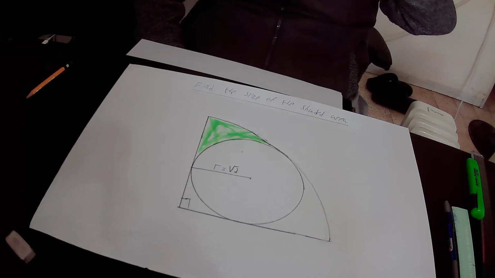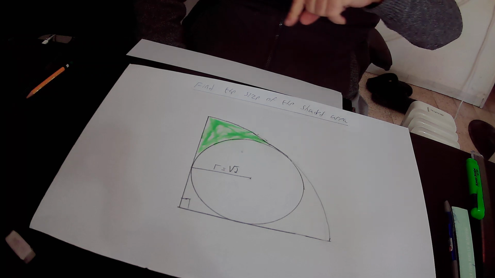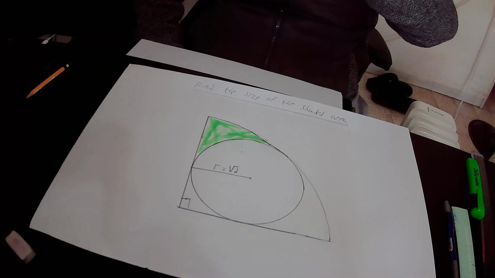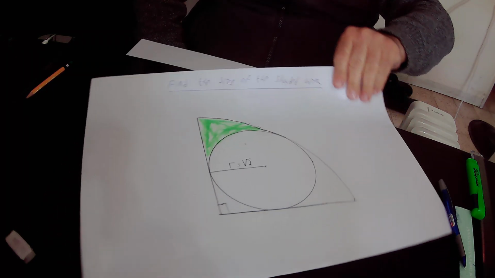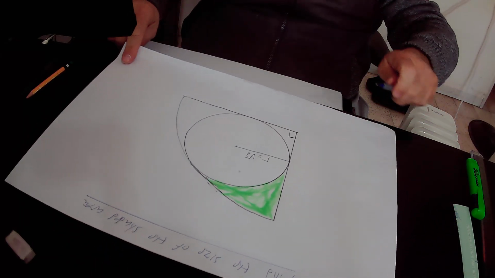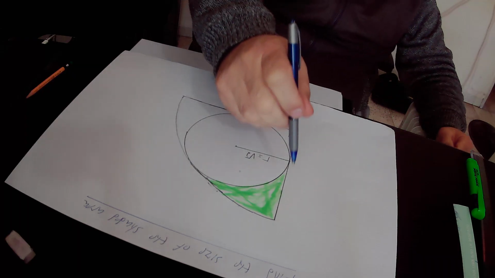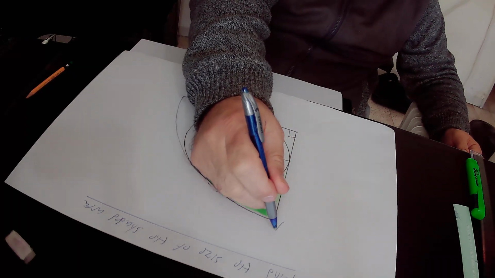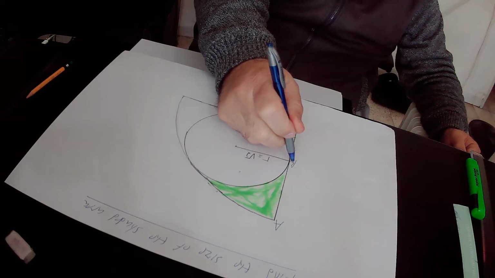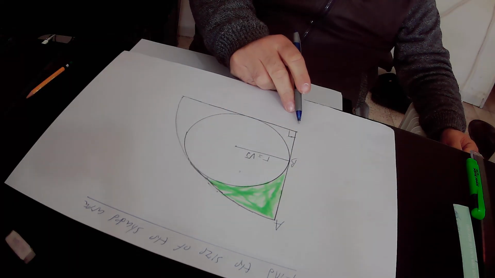So first of all we define the points that are relevant to this question. We define this point as O. We define this point as B. This is the center of the quarter circle.